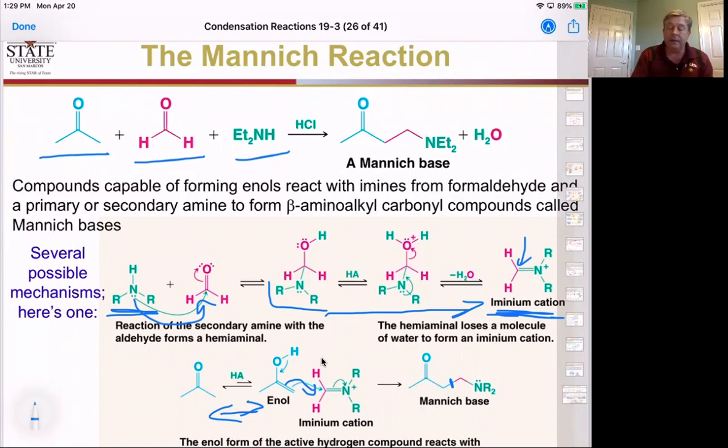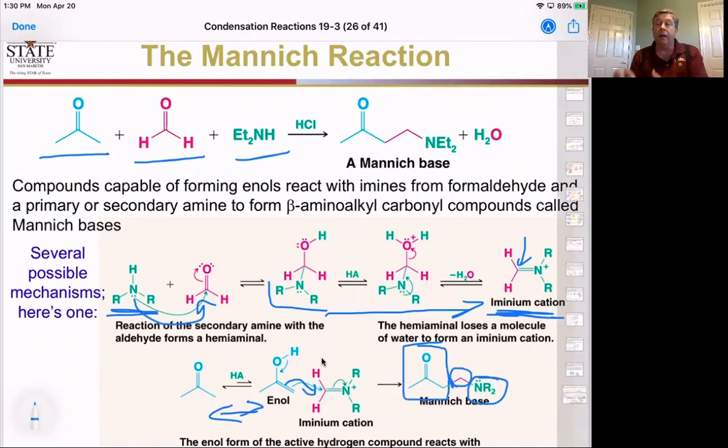And in addition, we've added a single carbon that's from the formaldehyde, and we still have the amine attached to it here. Okay, so the combination of having that beta amino compound with that ketone gives us what we call our Mannich base. Okay, so the net result is we have all the carbons from our ketone we had.